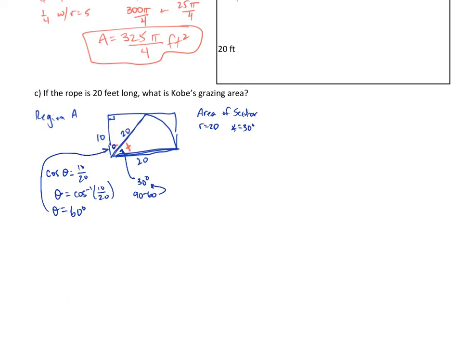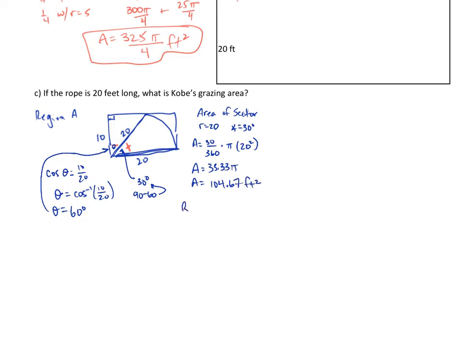So the area equals 30 out of the whole 360 of a circle times pi times the radius squared. That area ends up being 33.33 pi, and I'm going to change this to a decimal, which is 104.67 square feet.